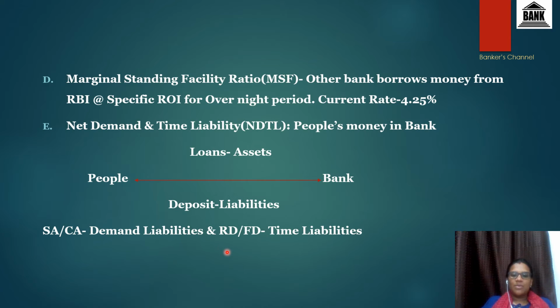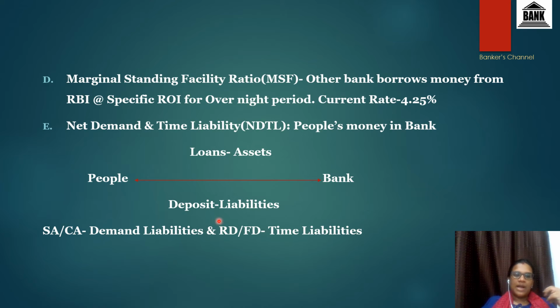If other banks borrow money from RBI at a specific rate of interest for only one night, that is called the marginal standing facility rate. The current rate of interest is 4.25%.